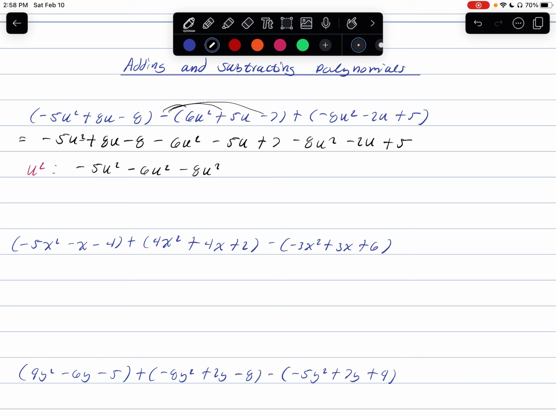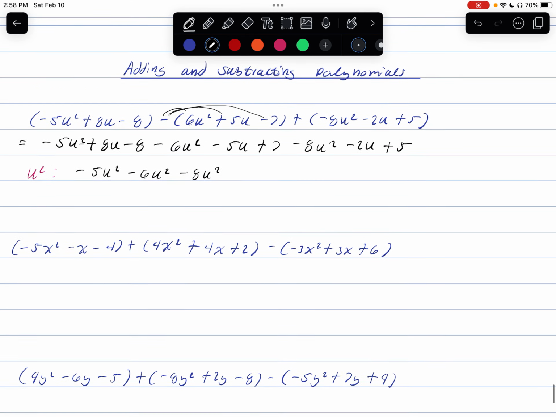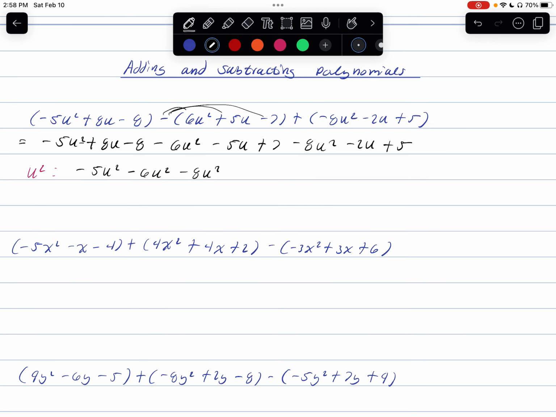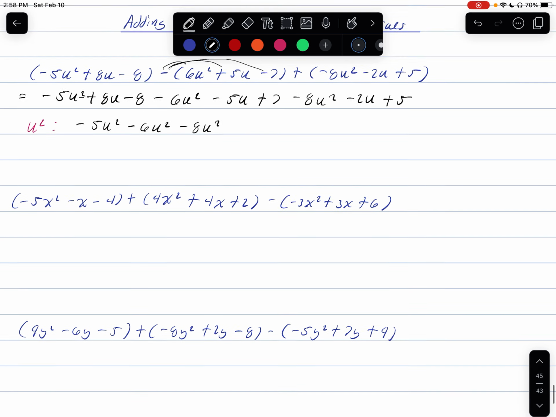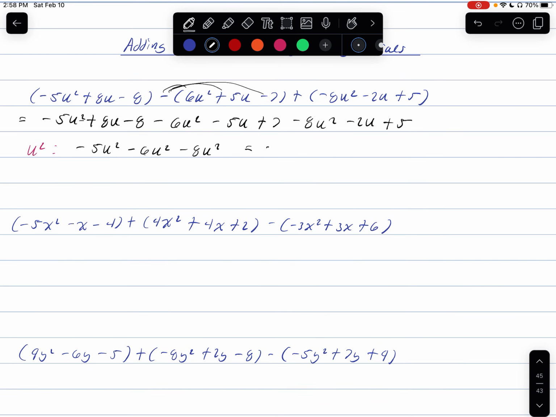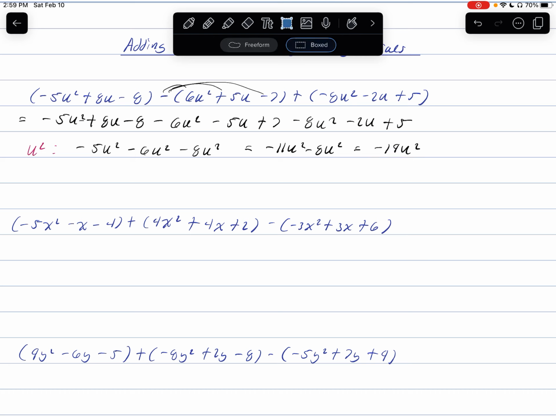Okay, that's going to be a very negative number here. All right, so we have negative 5u squared minus 6u squared. That's negative 11u squared minus 8u squared. Okay, which is going to give us negative 19u squared.